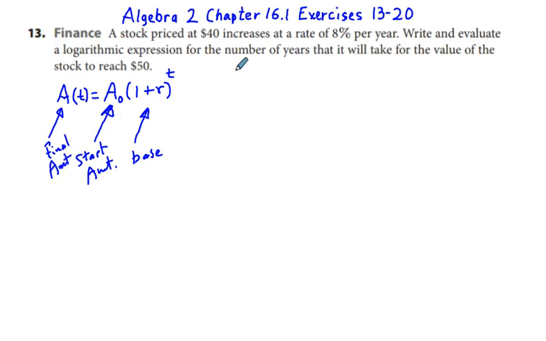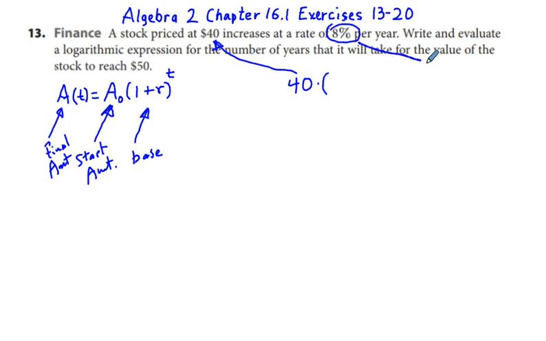So let's go ahead and put the elements for this situation in place. A stock priced at $40, that's going to be our initial amount. Okay, that's where that comes from. Times our base. Well, that's 8%.